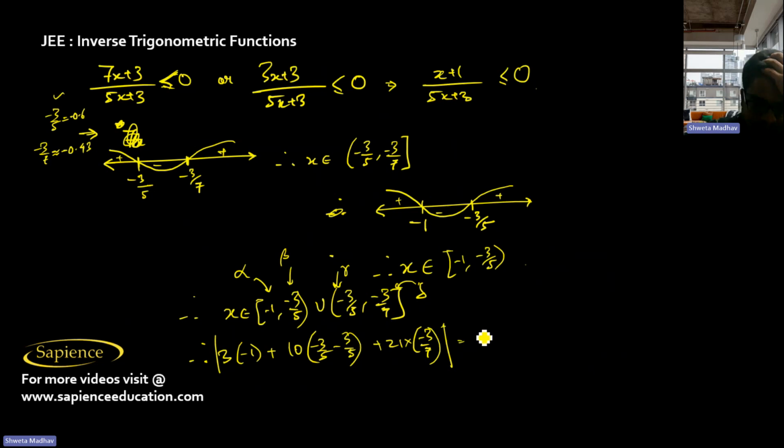That is equal to how much? This will be minus 3, minus 10 into 6 by 5, minus 21 into 3 by 7. That is equal to how much?